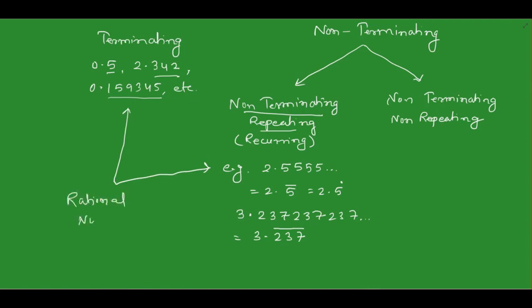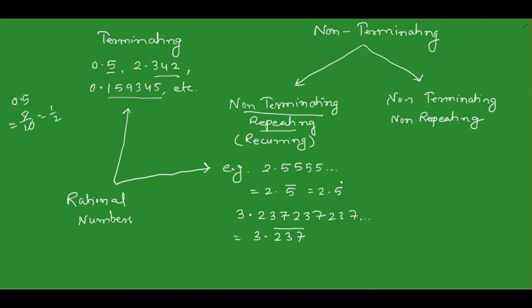These are rational numbers because 0.5 or 2.342 can be easily written in the form of p by q, as you know if you are in class 10. Like 0.5 can be written as 5 upon 10, and you can simplify it to 1 upon 2.